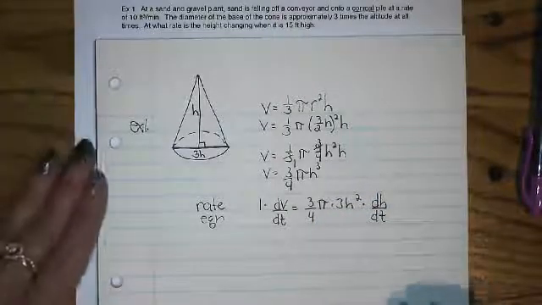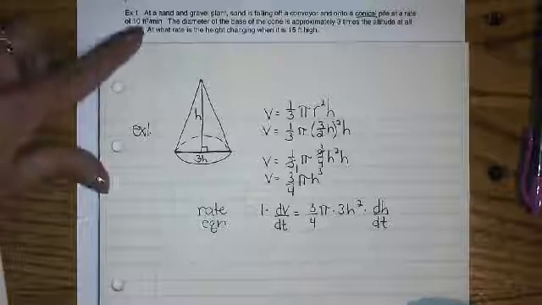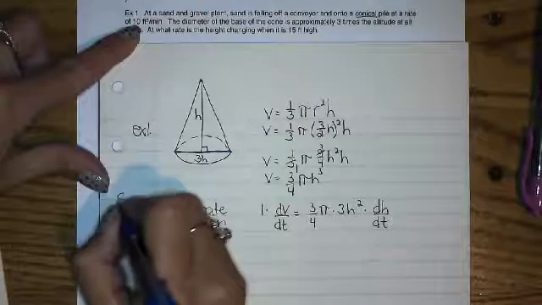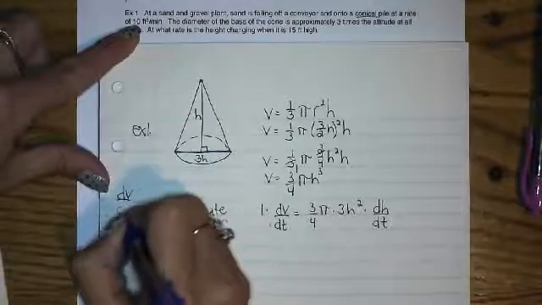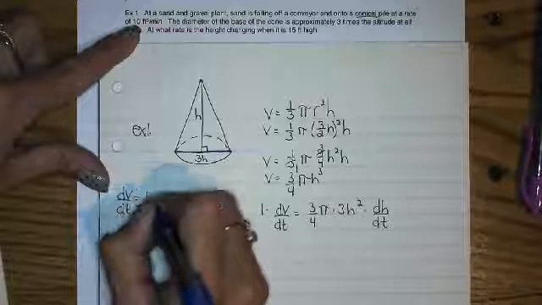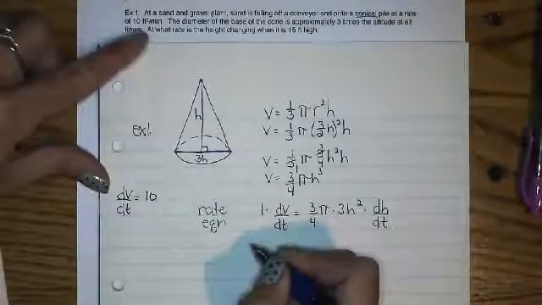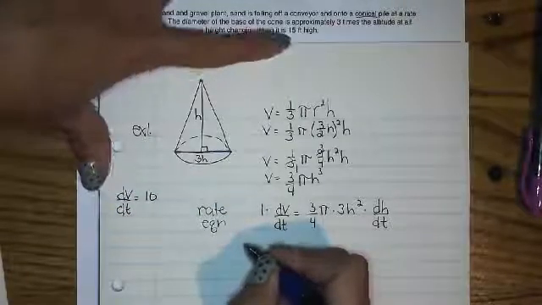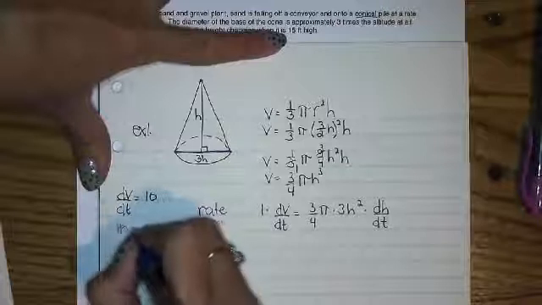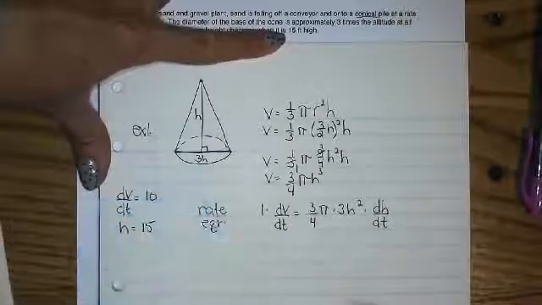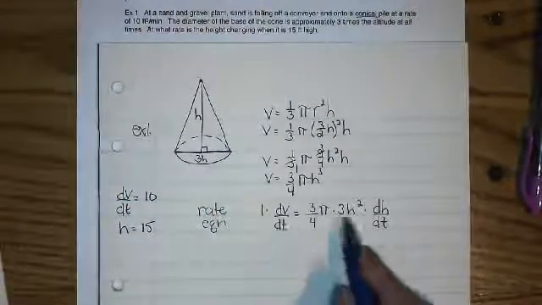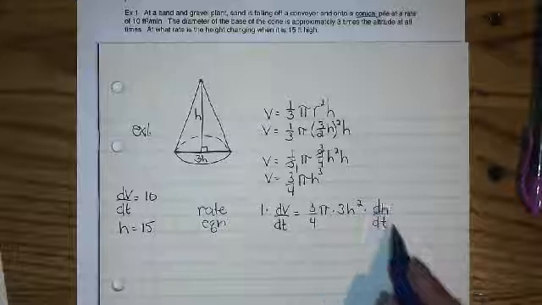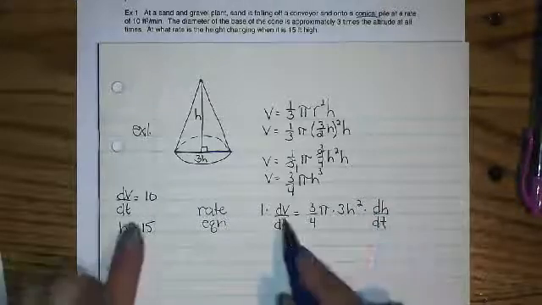Now I'm ready to substitute in. Let's see what's given. Remember that 10 cubic feet per minute is our dv dt. And the height is 15. And I only have the 1 unknown, which lets me solve for how fast the height is changing.